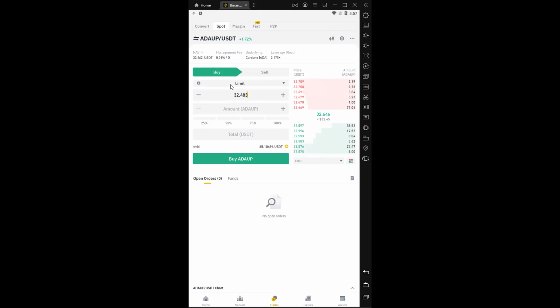But if you notice that this market is already too high and this coin is going to dump, based on your own valuation, you buy the leverage token ADA down, not ADA up this time. You buy ADA down because you think the market is going to dump and you will benefit a lot.